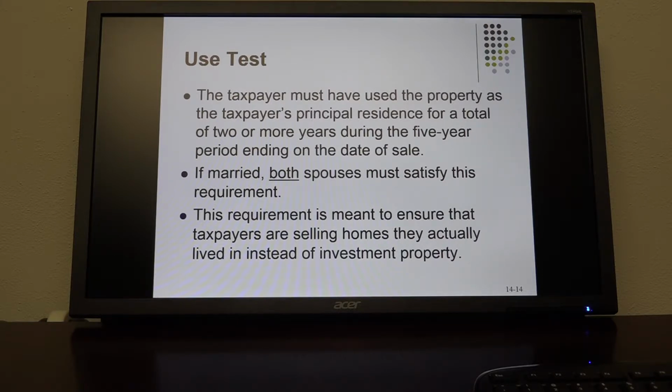And you sell it January 1, 2015, exactly 5 years after you bought it.